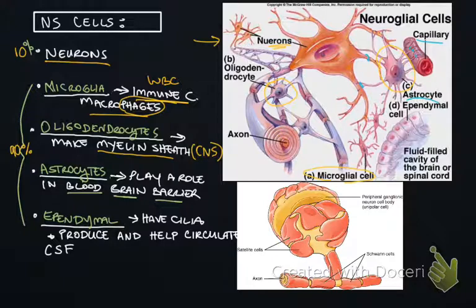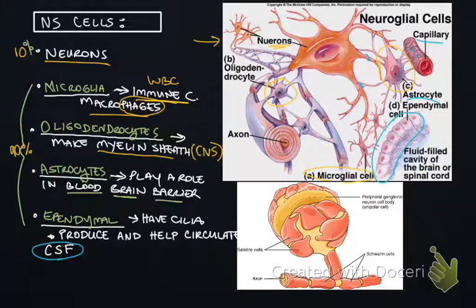Okay, another cell is the ependymal cell, and these are found here. They help produce and circulate the cerebrospinal fluid, the CSF. So in lab, you look at a model, this little gray model of the ventricles found within the brain, and if you turn it over, there's a little pink area underneath the ventricles, and I think you'll call it the choroid plexus.